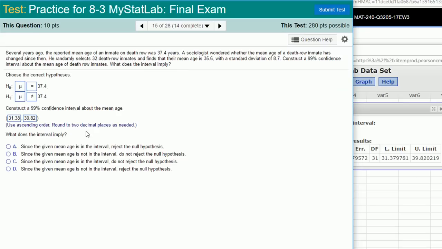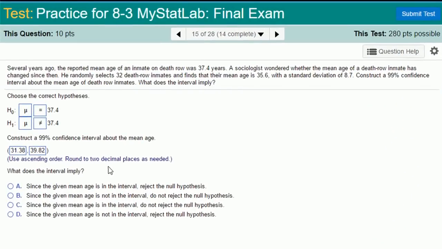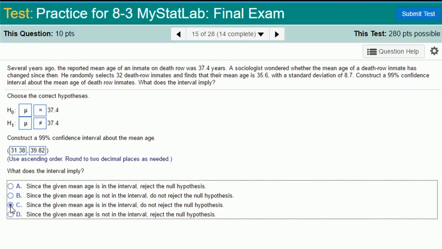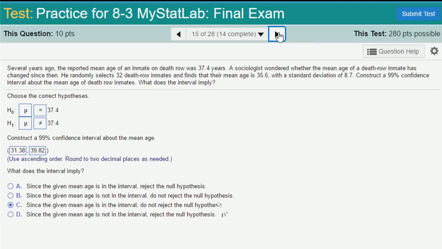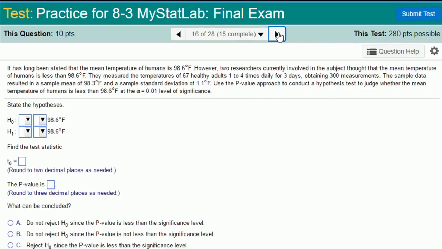So we can't rule out the null hypothesis with 99% confidence because the null hypothesis value is within this interval. So since the given mean age is in the interval, do not reject the hypothesis. That's C. Since the given mean age is in the interval, do not reject the null hypothesis.